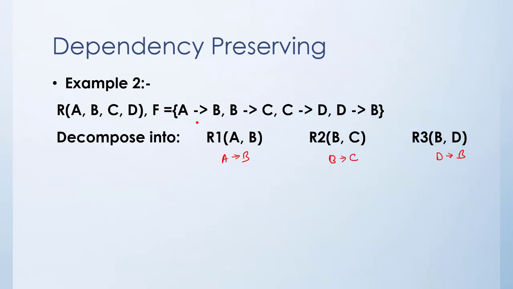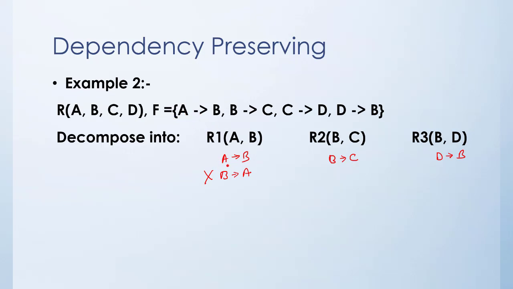We cannot have any other than trivial functional dependencies. For example, we cannot have B determines A, because it cannot be determined from the functional dependencies given in F. So this is not possible.